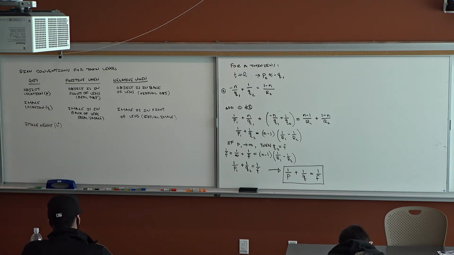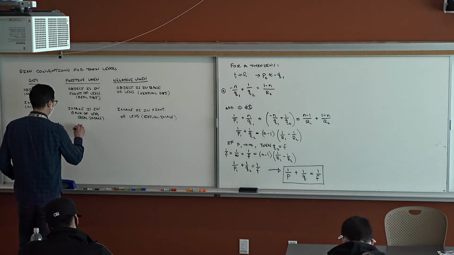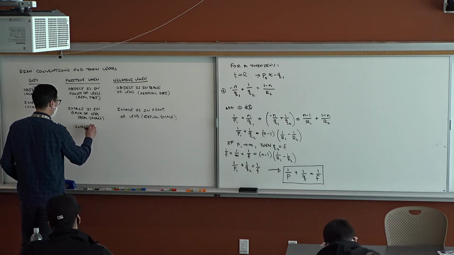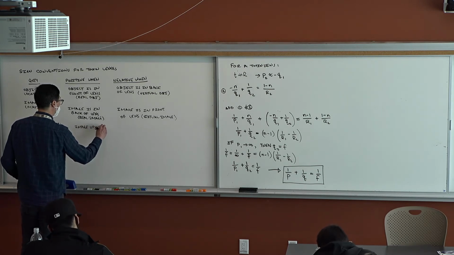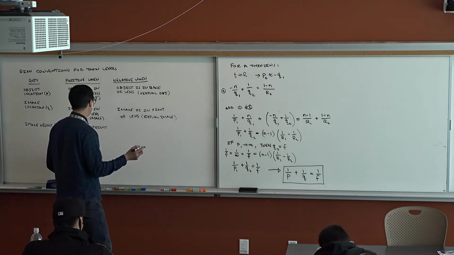Image height h prime will be positive if the image is upright, and it will be negative if the image is inverted.